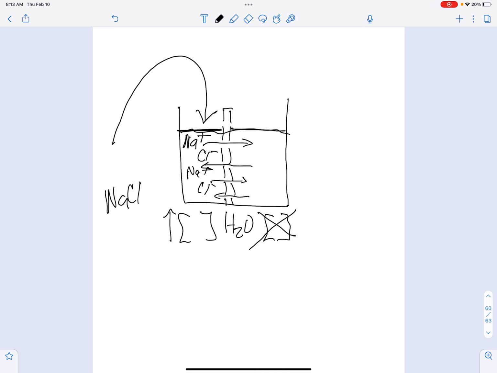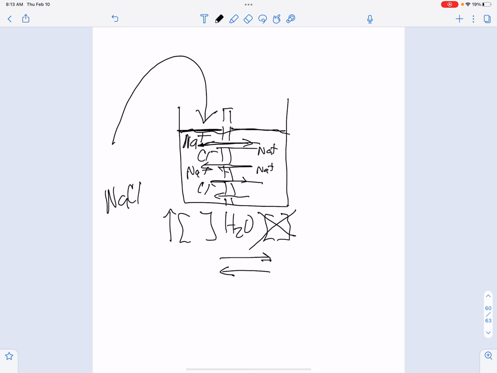However, since you have a semi-permeable membrane, the system will try to establish an equilibrium between both sides. So now you're going to have osmosis and dialysis happening at the same time. Some of the sodiums are going to come over there, but it's going to reach an equilibrium at a point where most of what you have is water. So the water is going to start transferring to where the salt is more concentrated to try to level the concentration of the salt.